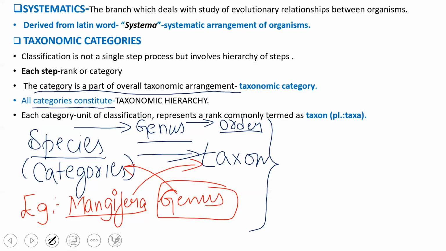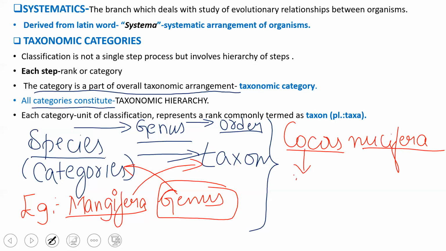Let us look into one more example. Let us take Cocos nucifera, which is nothing but coconut. Here, consider Cocos as the genus name and nucifera as the species name.